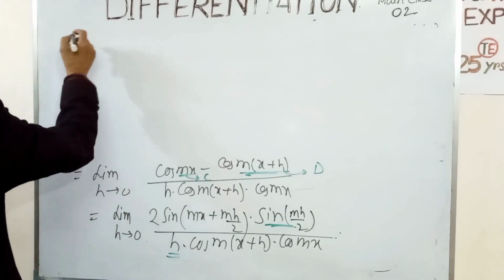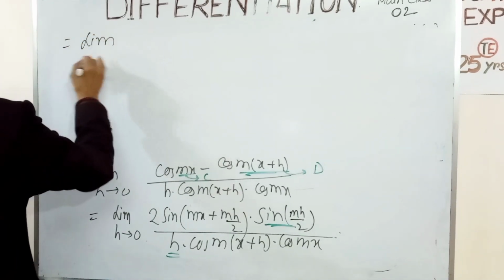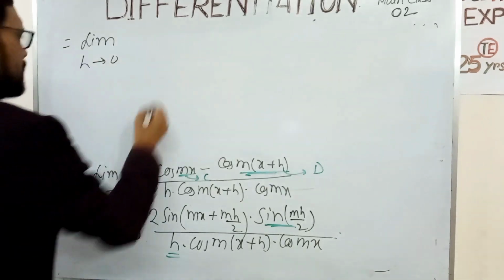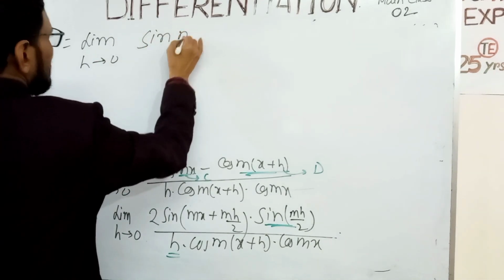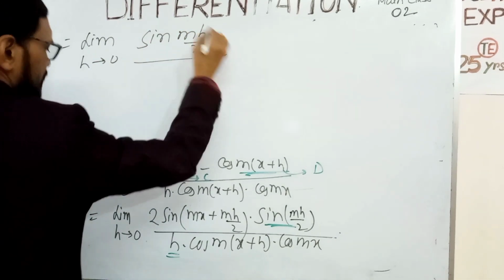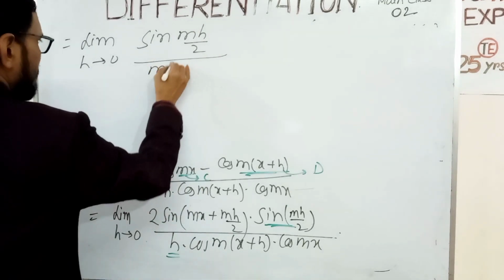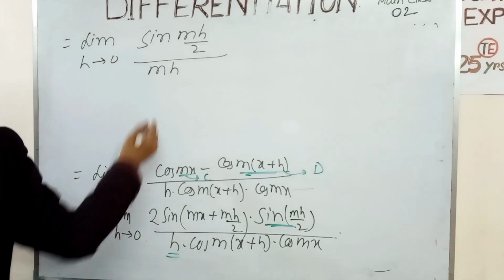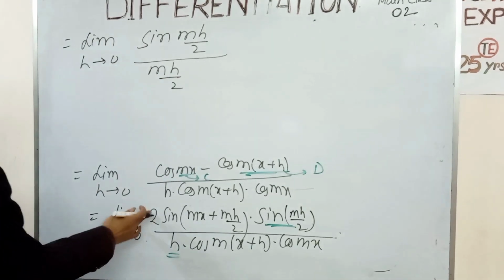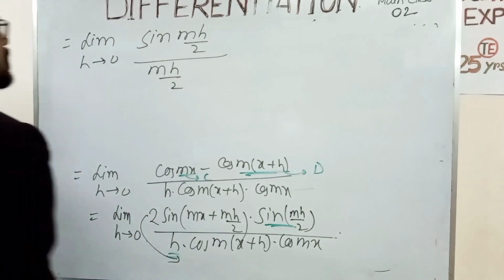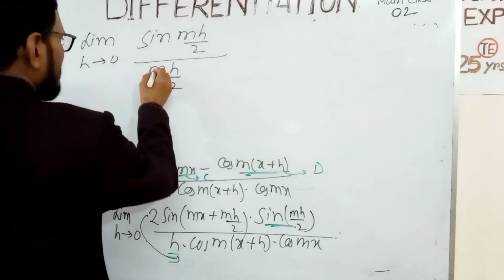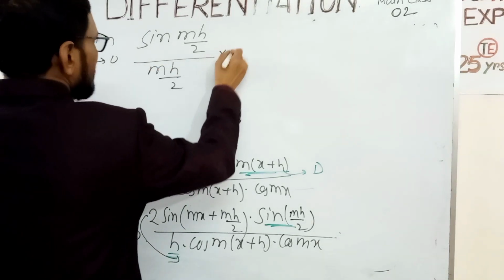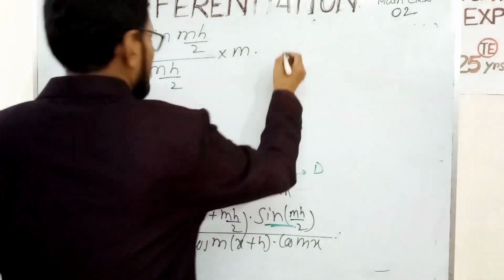So the value becomes m h. Now shift 2 in this place, and now here adjust m.